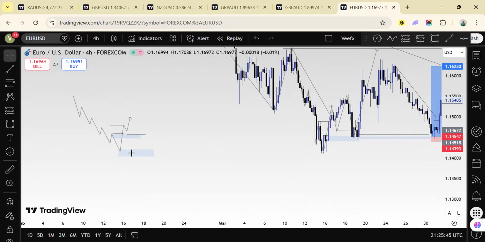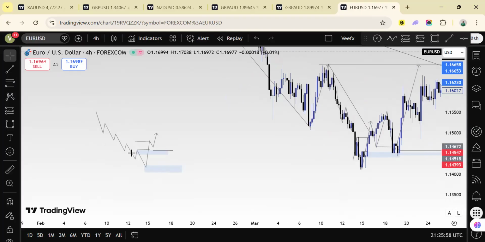So you should be picking the point of interest that is closest to the liquidity. In a case where you have multiple POIs, and your inducement has not tapped into your breaker block or your order block, you should pick the one that is closer to the inducement liquidity.